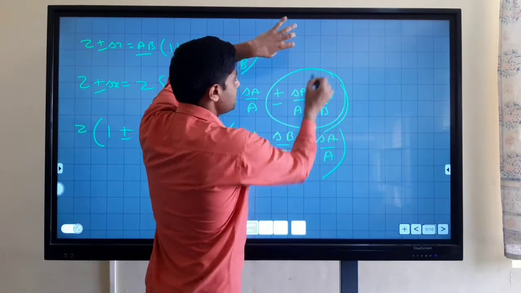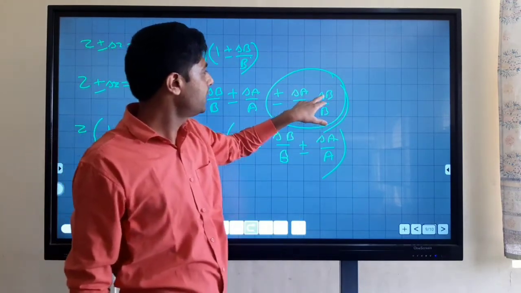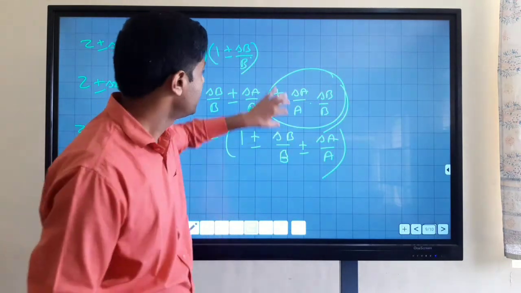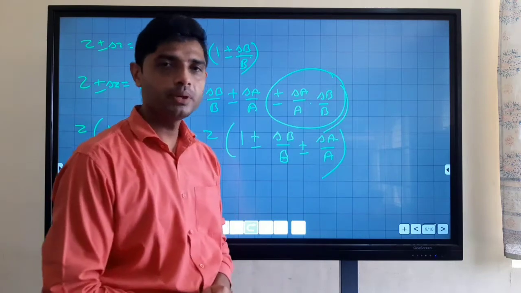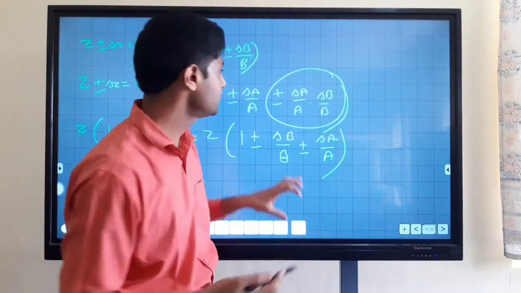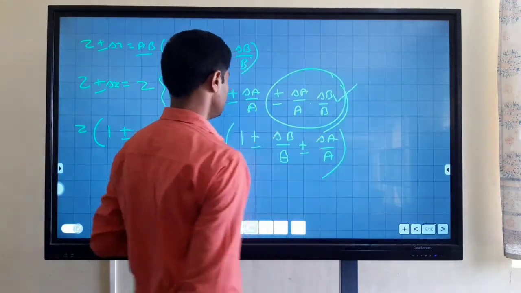Neglect this quantity because, as you know, the values of del A and del B are very small, and when this value is divided by the product of A and B, then it is quite small, so we can neglect it.